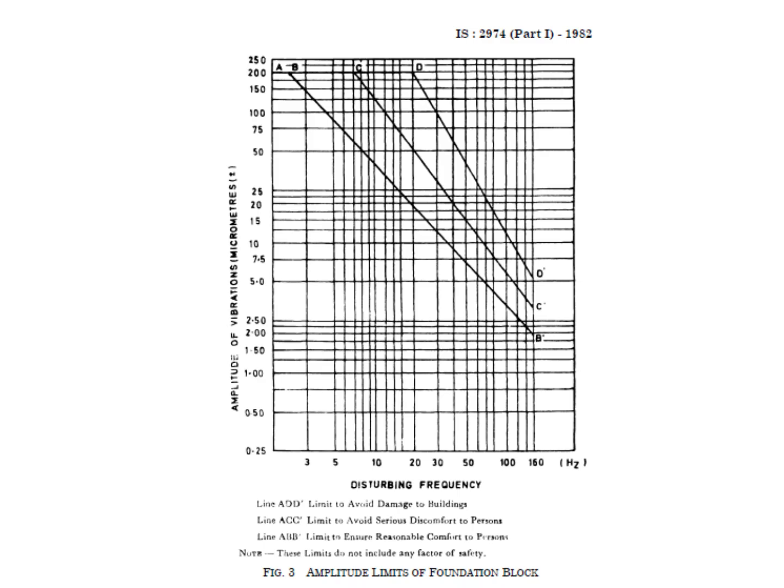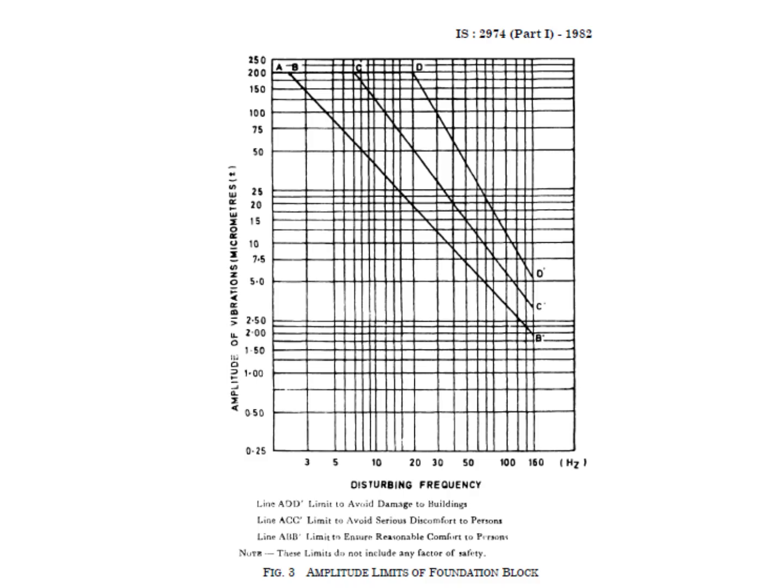This figure, which is taken from IS 2974 part 1, shows the various limits enforced on the displacement vibration amplitude. Here the limits vary depending on the type, whether it's to avoid damage to the structure or to avoid serious discomfort to persons or to ensure reasonable comfort to persons.